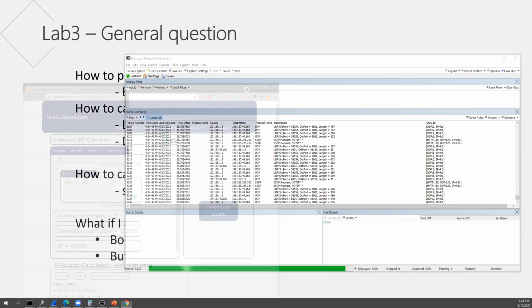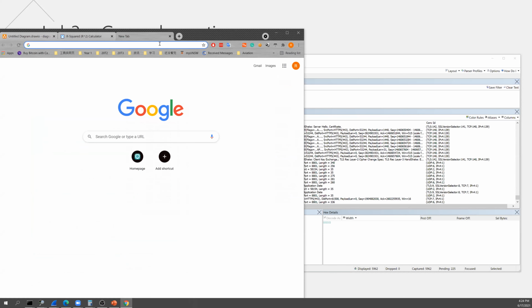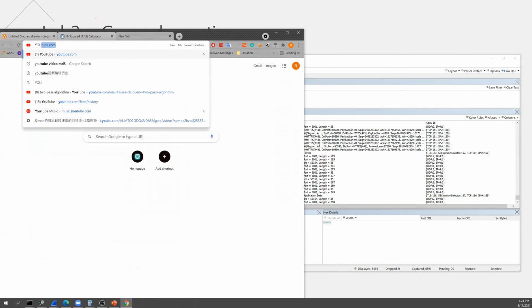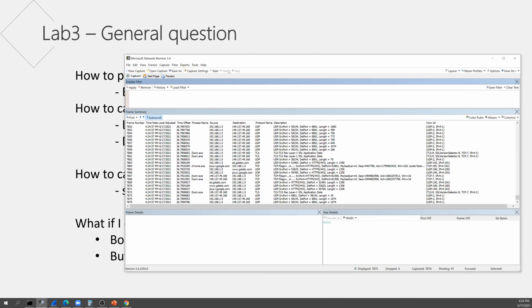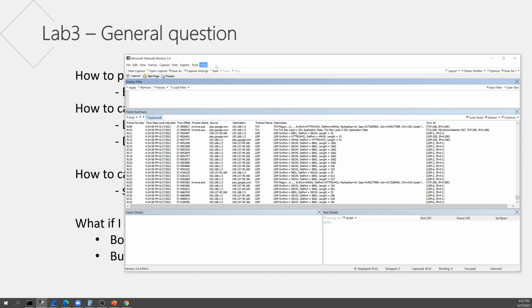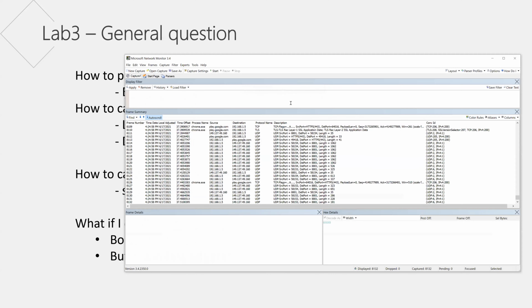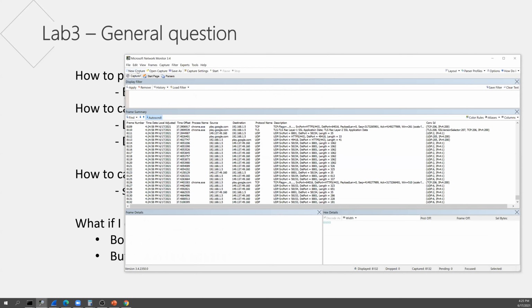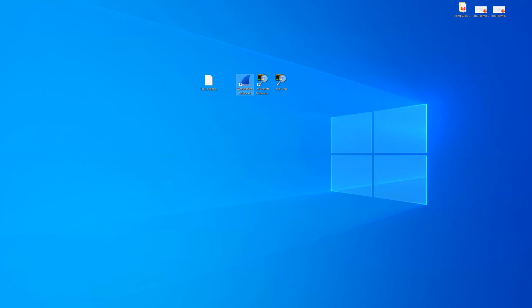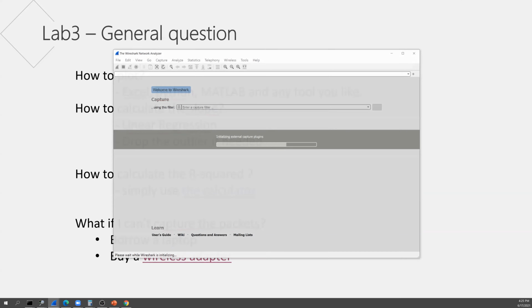The easiest way is to open YouTube and play some random video. I'm not going to do it here. Stop, and then I need to save it. Save it, let's say Lab3 2. And then we can use Wireshark to open it.